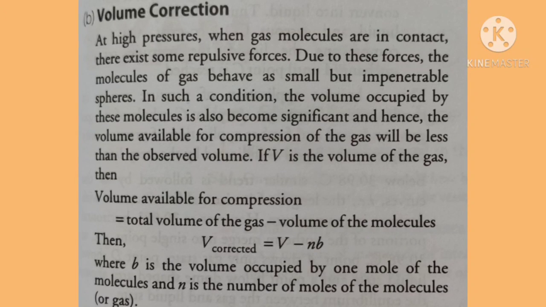If V is the volume of the gas, then volume available for compression is equal to total volume of the gas minus volume of the molecules. Then V corrected is equal to V minus nb, where b is the volume occupied by 1 mole of the molecules and n is the number of moles of the molecules.